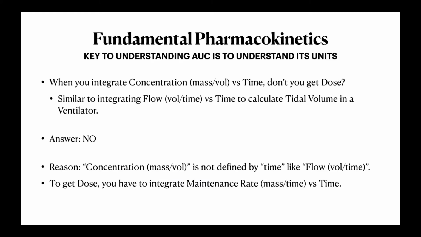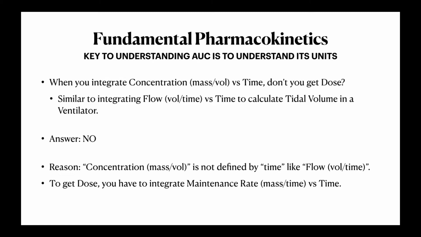The thought is that the reason why it's confusing is that when you integrate concentration versus time, don't you get dose? And the example that's always brought up is it's very similar to integrating flow versus time to calculate tidal volume in a ventilator. And obviously the answer is going to be no from that previous example.